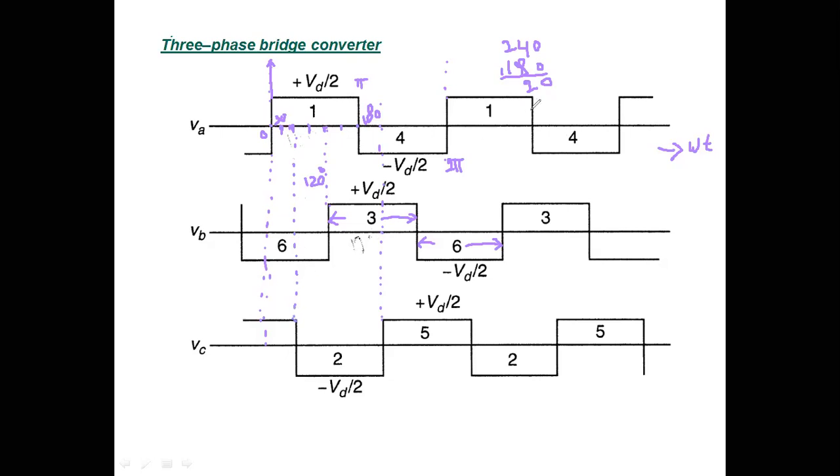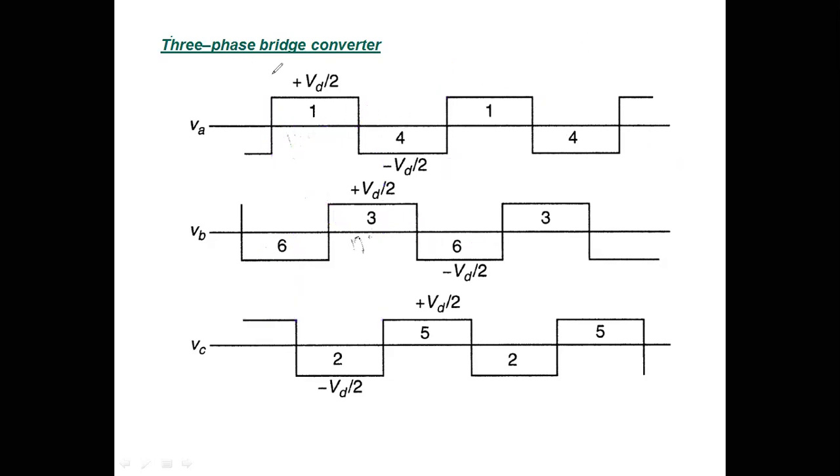Later if you want I will redraw again, no problem. Please try to understand. This is the reference you are taking as 0, then each one is conducting 180 degrees, and 1, 3, 5 have a difference of 120 degrees between each other. Remember, each of 3 and 5 is conducting for 180 degrees.